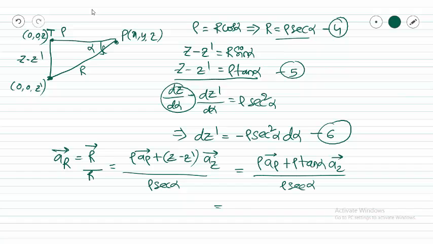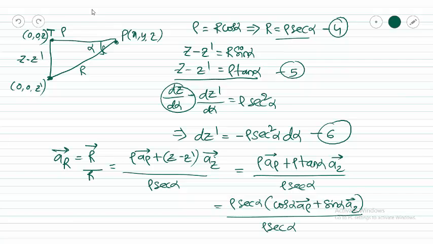If I take rho secant alpha common, what I get is cos alpha a rho bar plus sin alpha a z bar, divided by rho secant alpha. So from this we can write AR bar is equal to cos alpha a rho bar plus sine alpha a z bar. Okay, right? Let it be equation number 7.